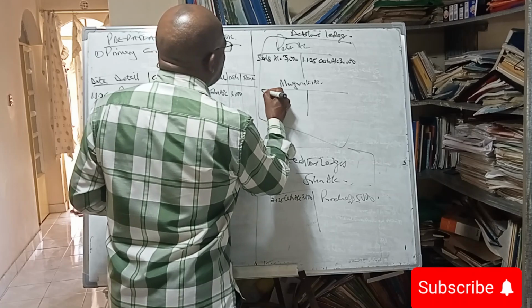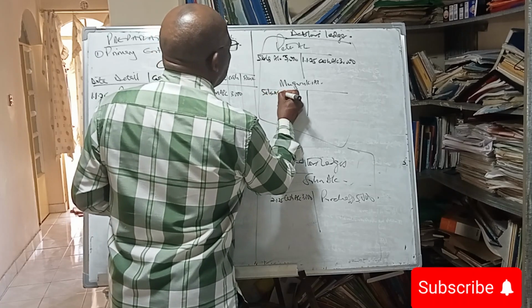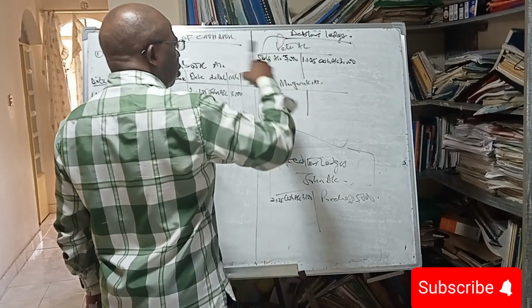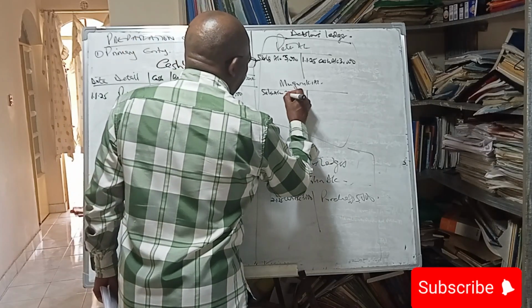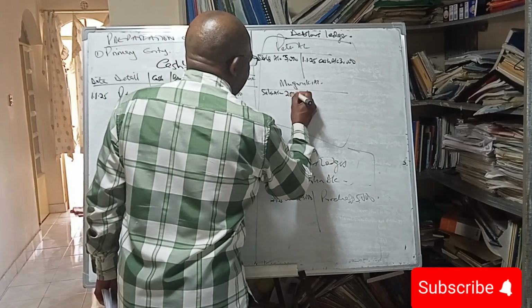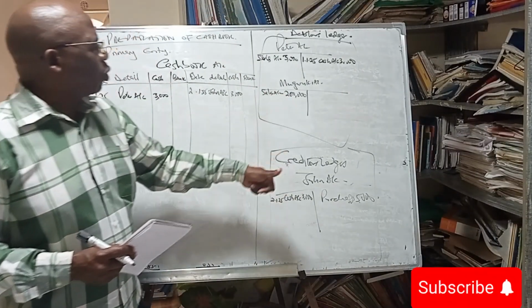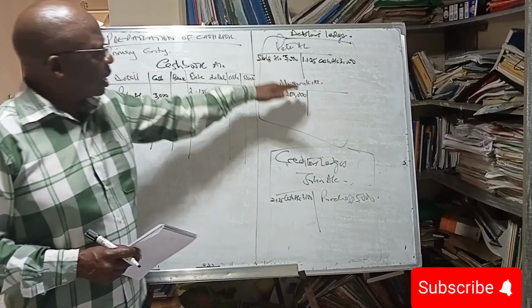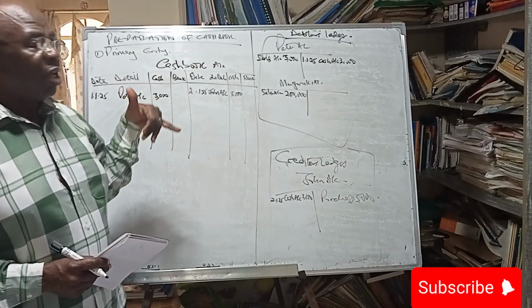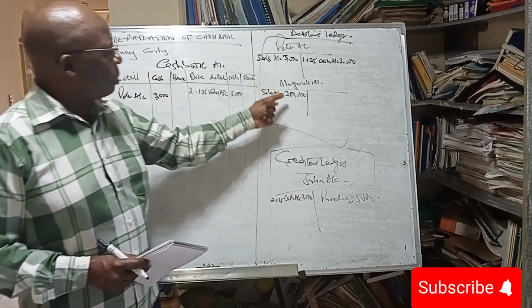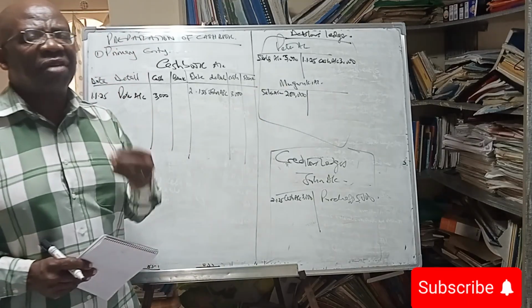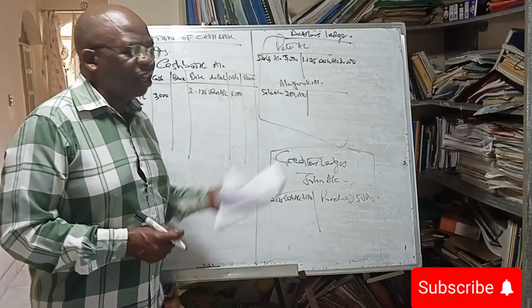We sold on credit to Mogoroki an amount worth 200,000. So we credited sales to record sales income, and we debited Mogoroki to record a receivable from Mogoroki of 200,000.